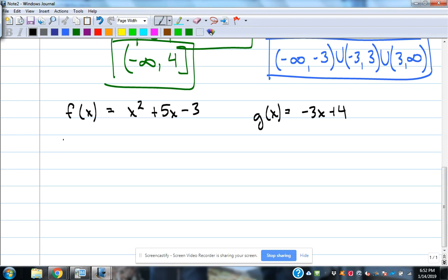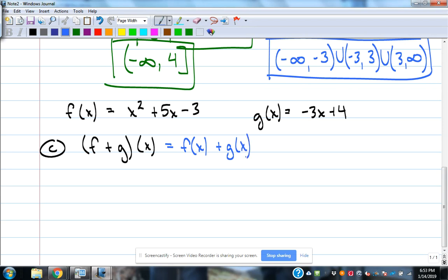Okay. The first example tells us f plus g of x. So that tells me to add function f plus function g and get the answer, combining like terms, simplifying any way that I can. What that means is take f of x plus g of x.